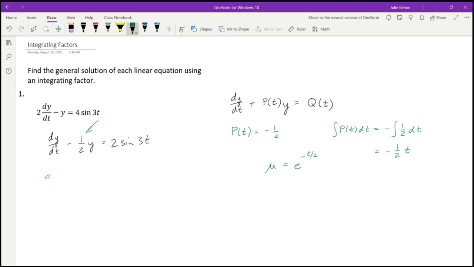So I have e to the negative t over 2 dy/dt minus 1/2 e to the negative t over 2 times y equals 2 e to the negative t over 2 times the sine of 3t.